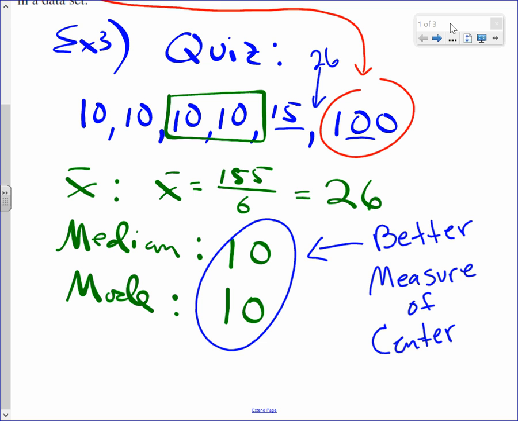So that wouldn't be a good measure for the center of the data. It is more than almost all the data. We want to go with mode or median in this case. So far, so good. One more example.